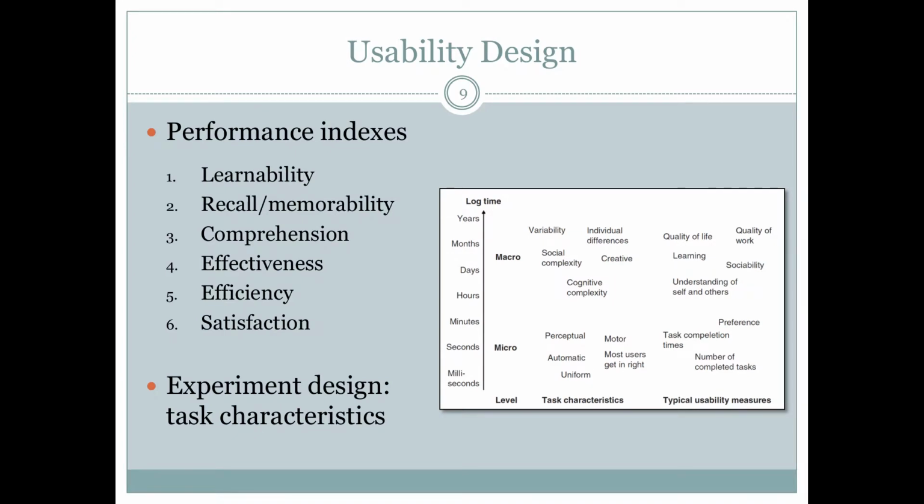And finally, on usability design, we have several indexes that we can measure that come from the human-computer interaction state of the art. We can measure learnability, memorability, and comprehension, which come from human factors.